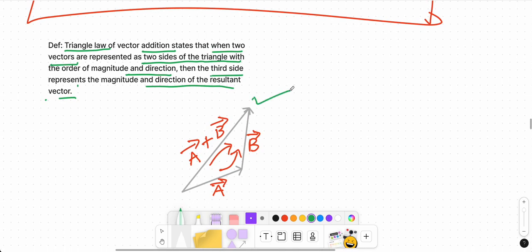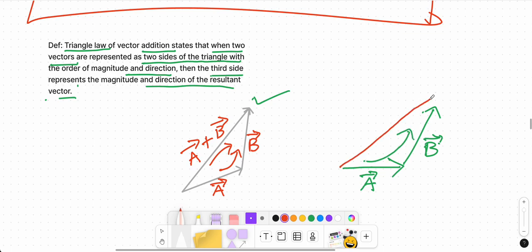This is a triangle, and two sides of the triangle are represented by two vectors in one order, then the third side of the triangle is the resultant. Resultant is a plus b in opposite order.